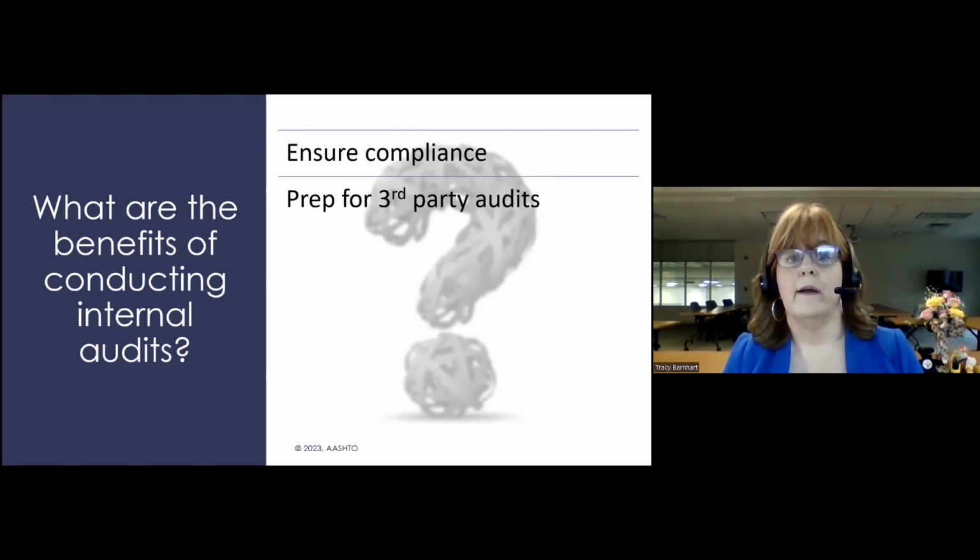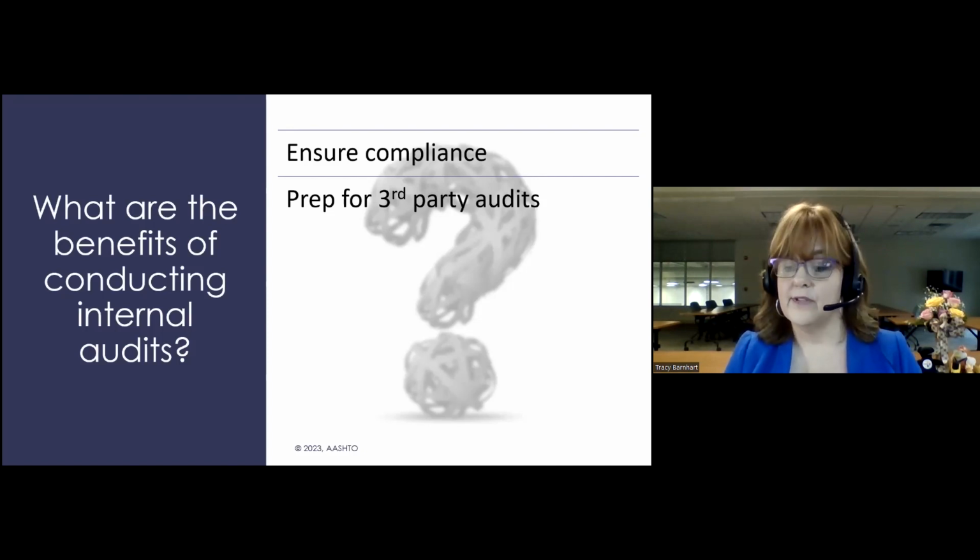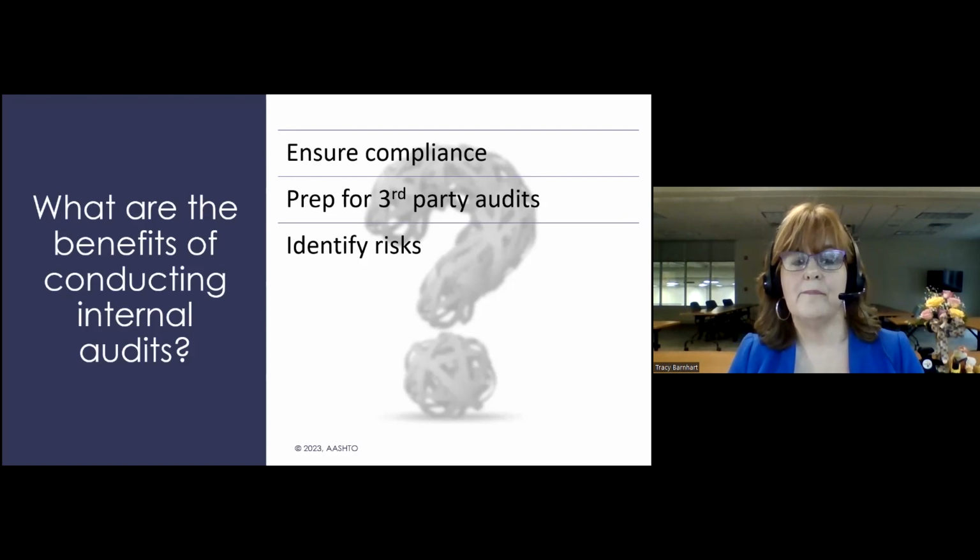This is a big one, preparation for third-party audits. When you do a thorough internal audit, you uncover things and problems before someone else does, like AASHTO Resource, CCRL. When you have those third-party audits, if you're doing a thorough internal audit, there really should be no surprises when you have the third-party audit by AASHTO Resource and CCRL, because you've done a thorough internal audit of everything.